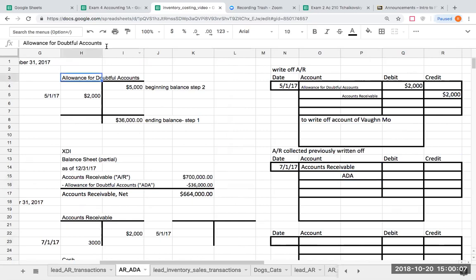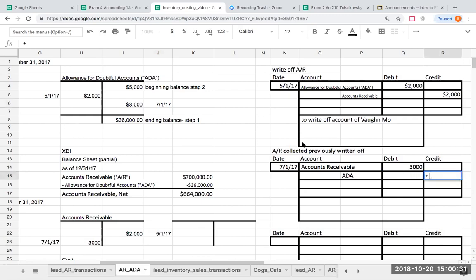So I am debiting accounts receivable and I'm crediting the allowance for doubtful accounts. We'll make our lives a little bit easier. So we're going to have here 3,000 and 3,000. So I'm debiting accounts receivable for 3,000.